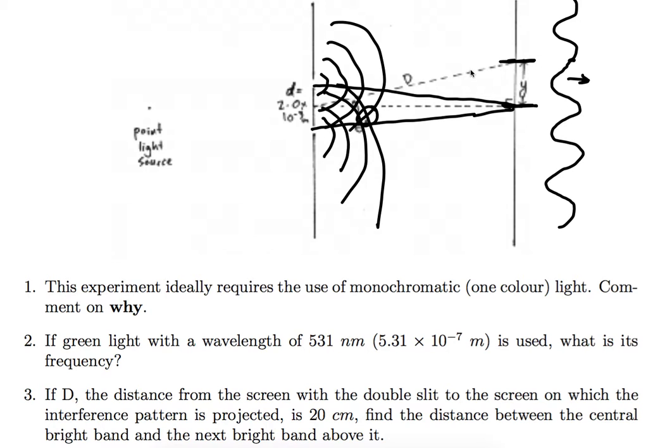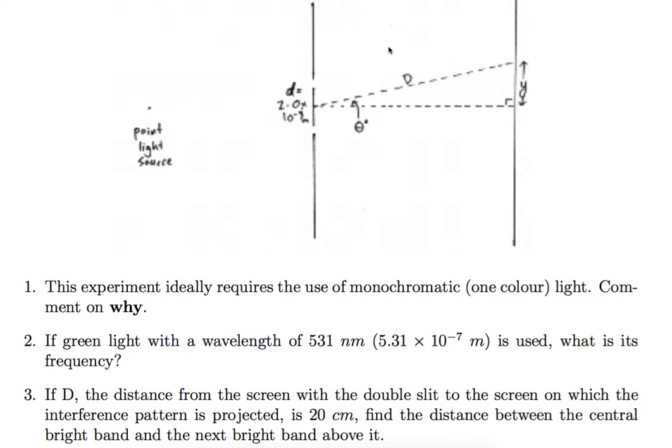Sorry, I've kind of obscured it. Let me see whether I can do something about that. Okay, nice clean diagram again. We've got the angle theta, we've got the distance D, which is the distance from the middle of the slits to our point that we're interested in.